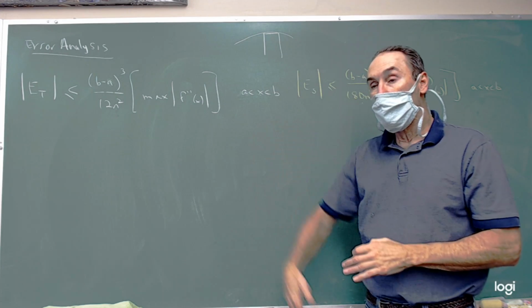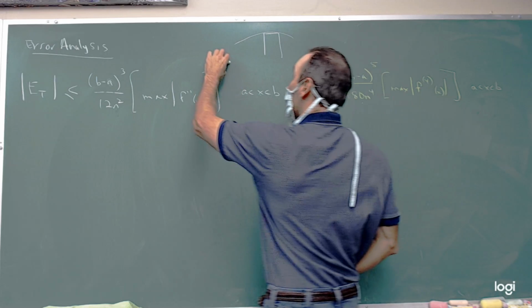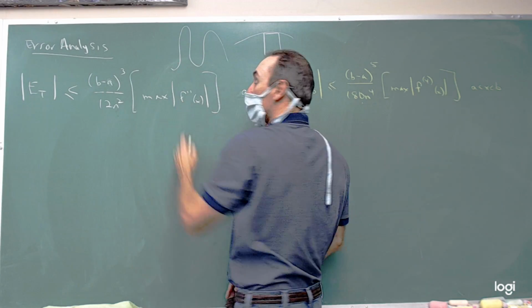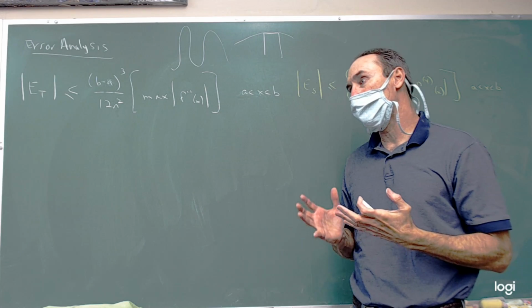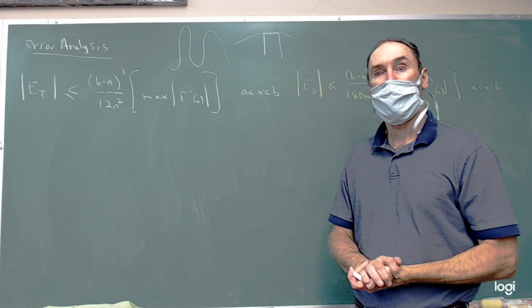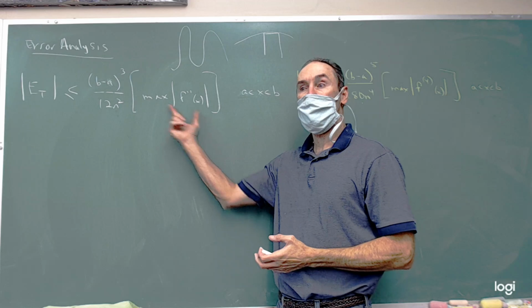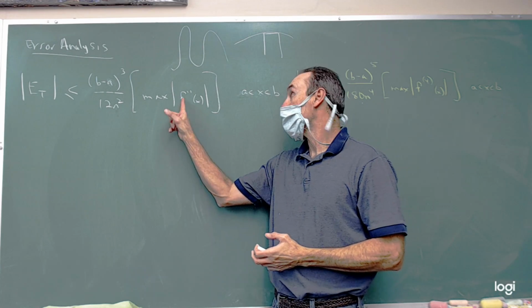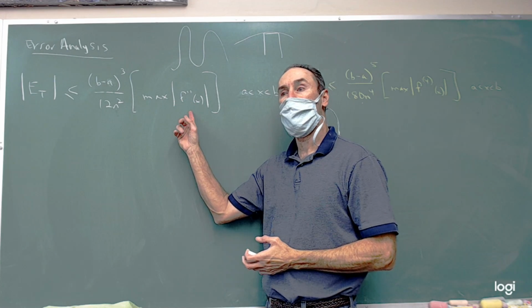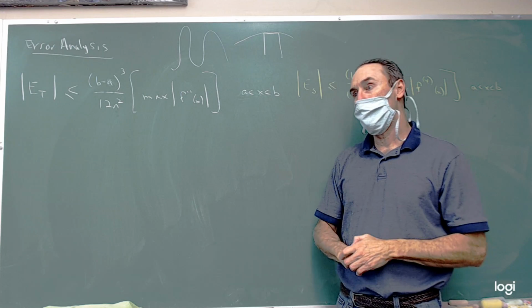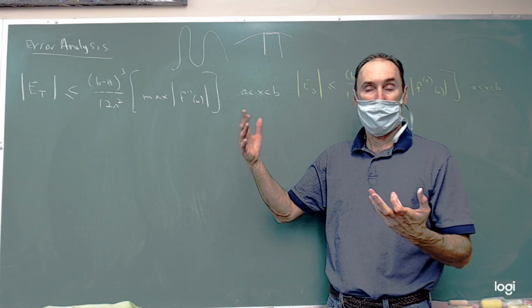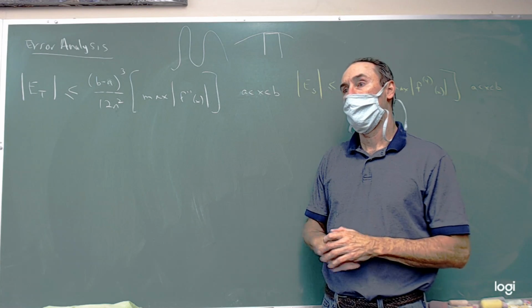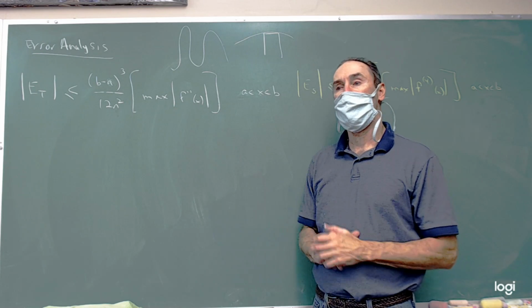The wilder it bends, if our function's doing something like this, now trying to approximate those with trapezoids gets less accurate. And so there's a bound in here that has to do with the largest the second derivative can be on the interval from A to B. So a bigger second derivative is going to mean a more curvy function, and the less accurate our trapezoids are going to be.